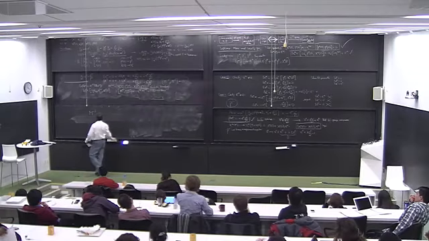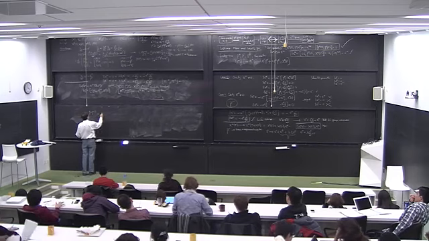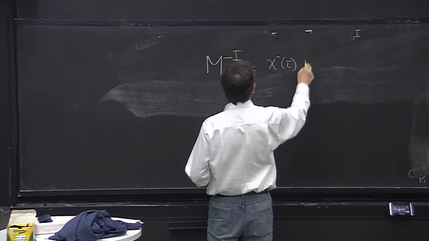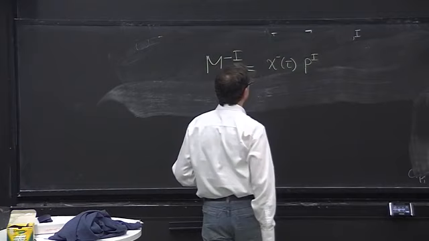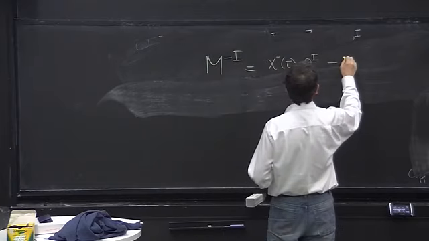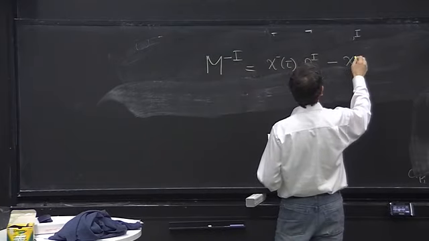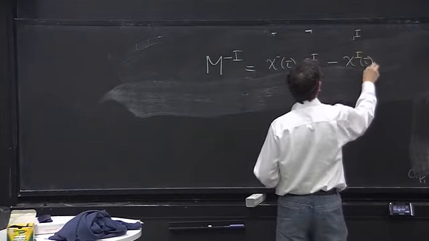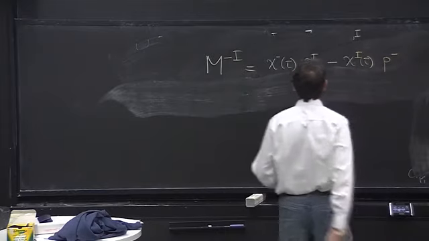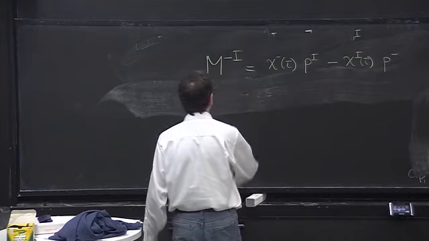So your best guess is to put x minus of tau p I, p I doesn't have time dependence, minus x I of tau p minus. Okay, let's see what this is.